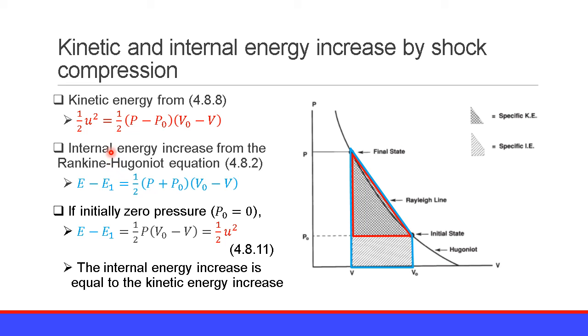On the other hand, the internal energy increase can be obtained from the Rankine-Hugoniot equation 4.8.2, which is energy increase E minus E0 equal to 1 over 2 times P plus P0 times V0 minus V. So V0 minus V is again this length, and P plus P0 divided by 2 is this middle point between P and P0.